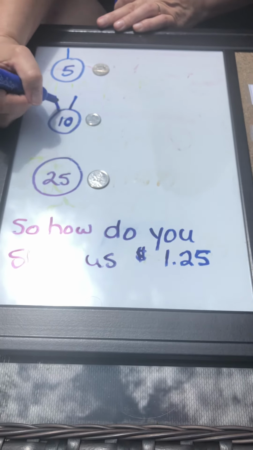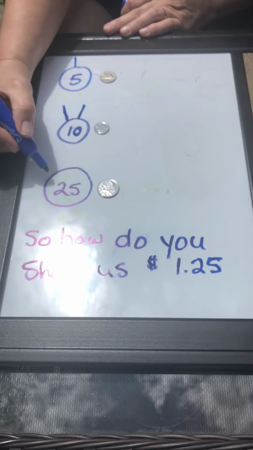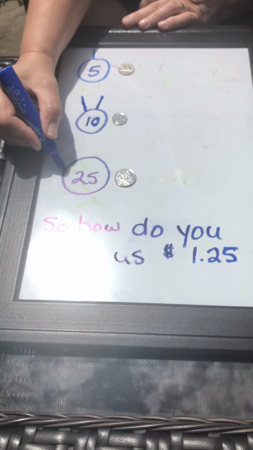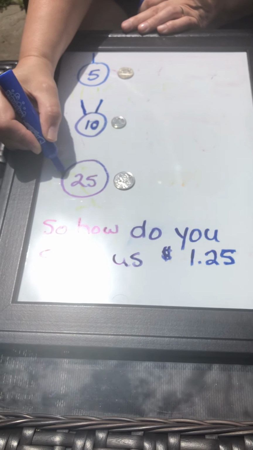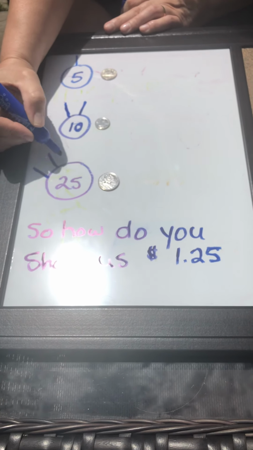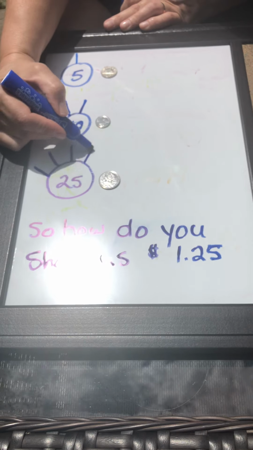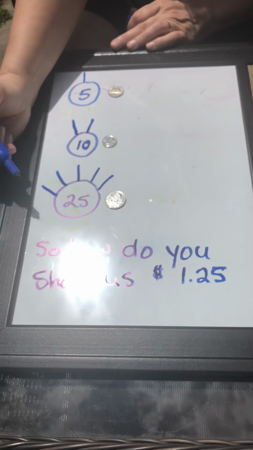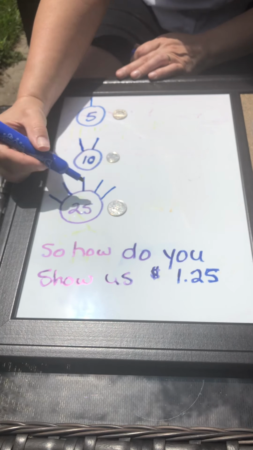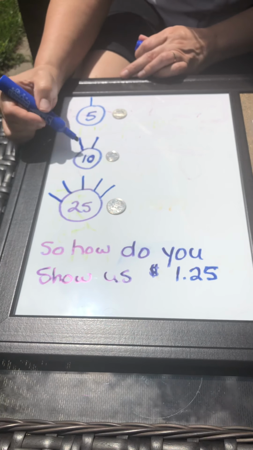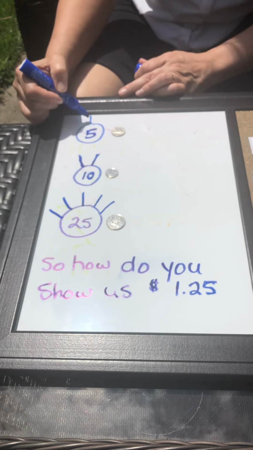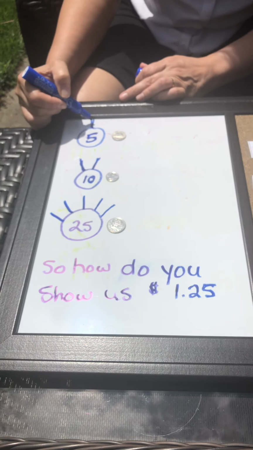So using the number 5, we got 5, 10, 15, 20, 25. To make a 25-cent piece, you need 5 hair pieces. To make a 10-cent piece, you need 2 hair pieces. And for 5 cents, you need 1 piece of hair.